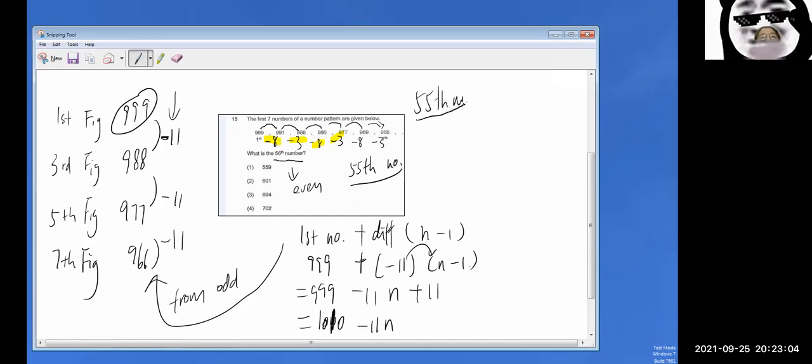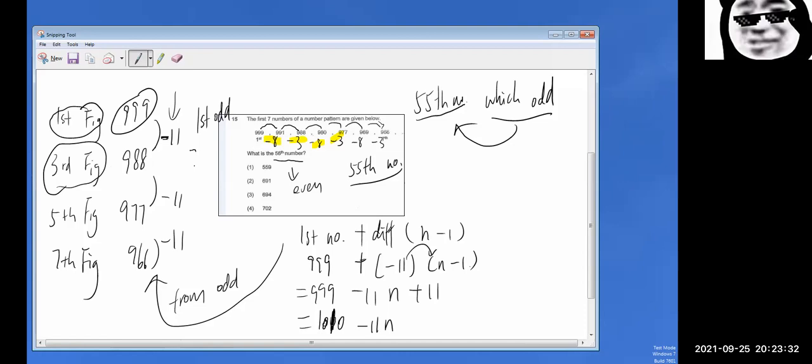Can I ask you, 55th number, which means the 55th figure. The 55th figure is which odd number? First figure is the first odd. Third figure is the second odd. Let me use a different color.